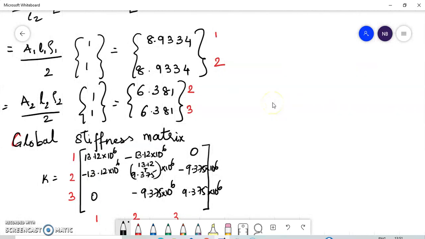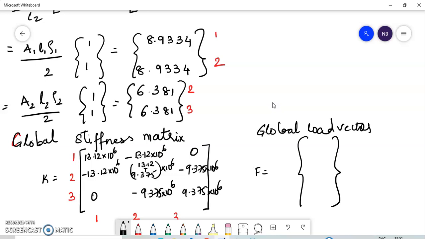The global load vector will be given by F and it will be of the size 3 by 1 again.